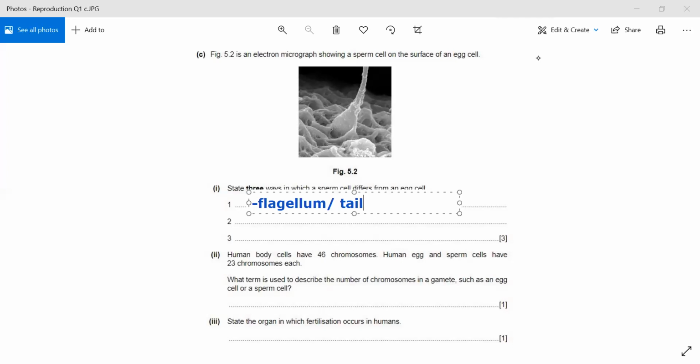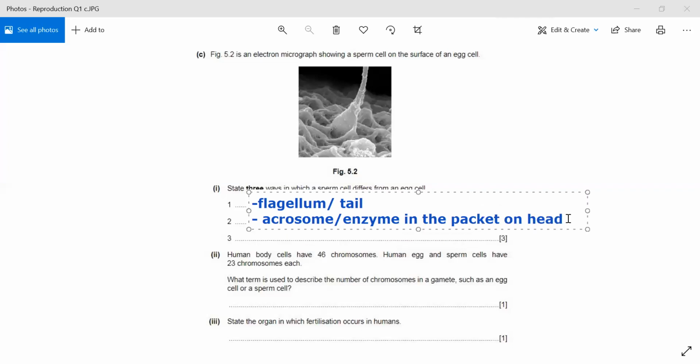Then, we can talk about acrosome or enzyme in the head of the sperm. Or enzyme, in the packet on the head. And then other than that, no food store. Yes, correct.